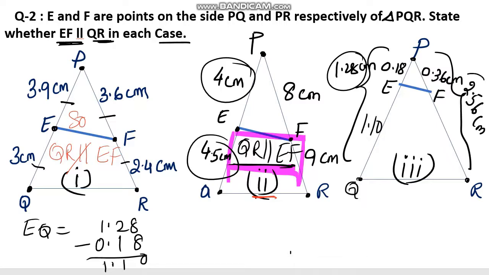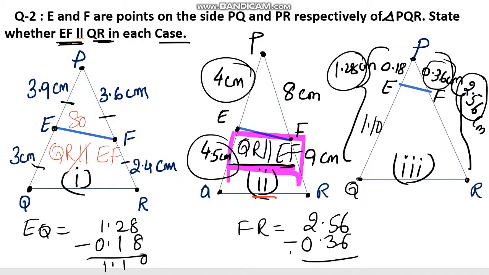And to get FR, you take 2.56 minus 0.36, which is 2.20.